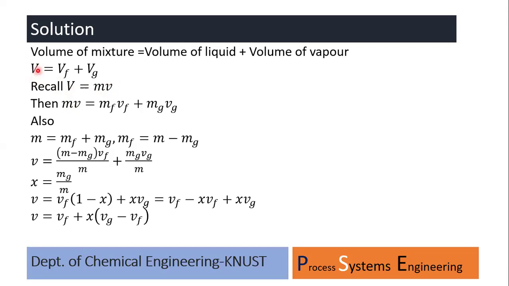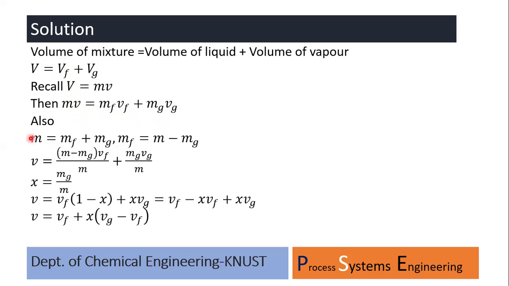So I can replace this big V here with MV. And the VF here, I can also replace with MF times VF, the specific volume of the liquid multiplied by the mass of the liquid. Then I have the specific volume of the gas multiplied by the mass of the gas. So when I do that, I can place them into this expression, and I'll get this expression over here.